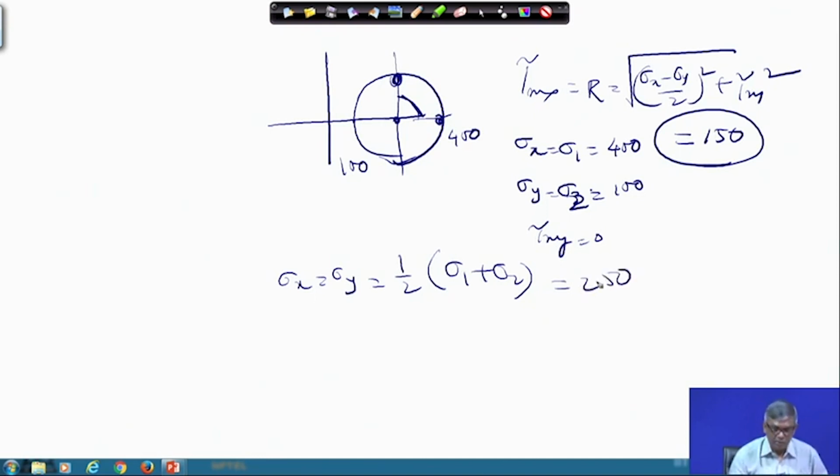So now the orientation of the plane, as I have told you, is 45 degrees. This is the x direction, suppose I imagine a 45 degree direction, and now I can draw the plane.